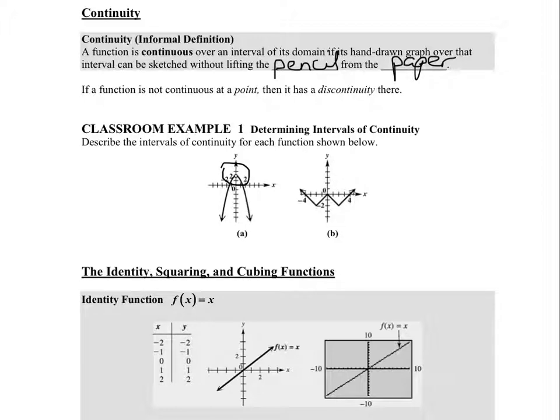There are two different intervals of continuity. It would be continuous up to a certain point, and then you'd have to skip over the missing point, and then you would have continuity after that. So when we identify the interval of continuity, remember it goes with the domain, so you have to think in terms of x values.